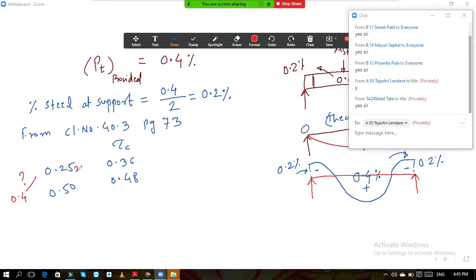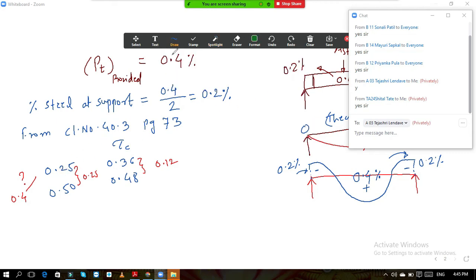First of all, take the difference between these two quantities. What is the difference between 0.36 and 0.48? It is 0.12. And now what is the difference between this 0.25 and 0.4?